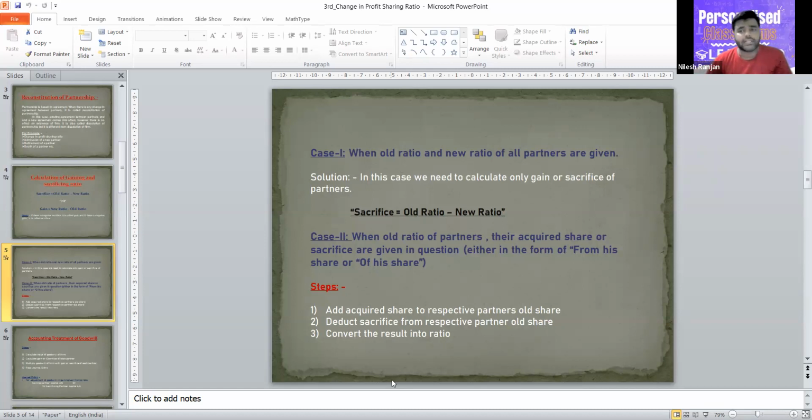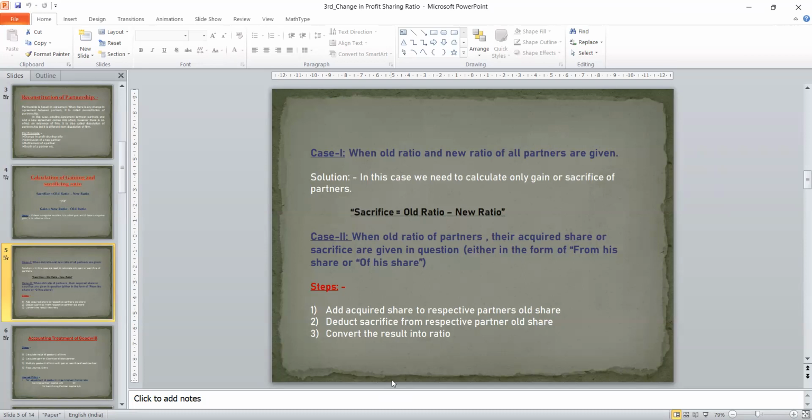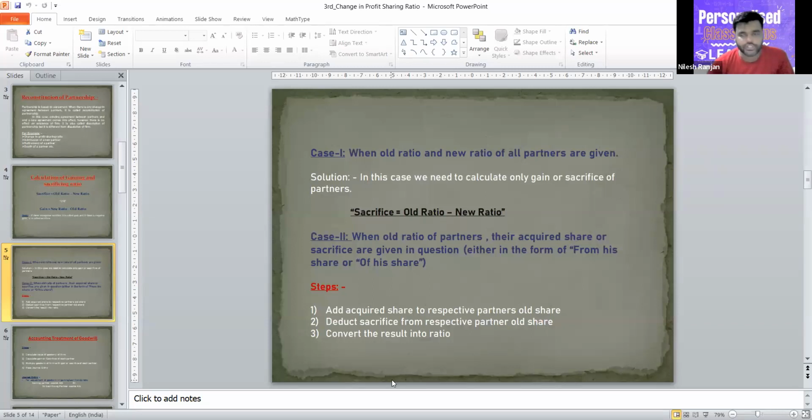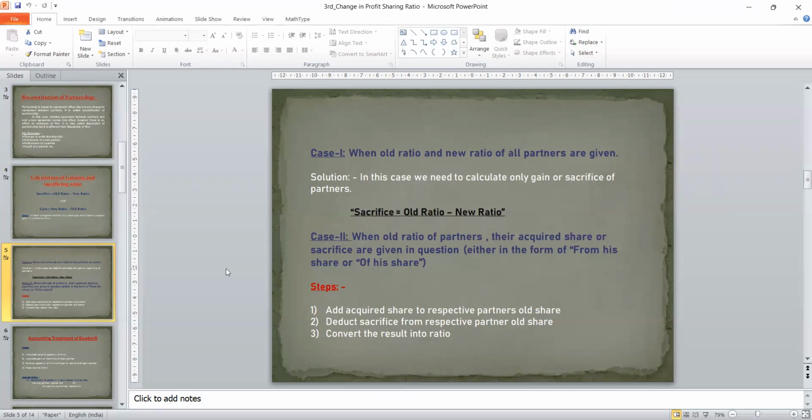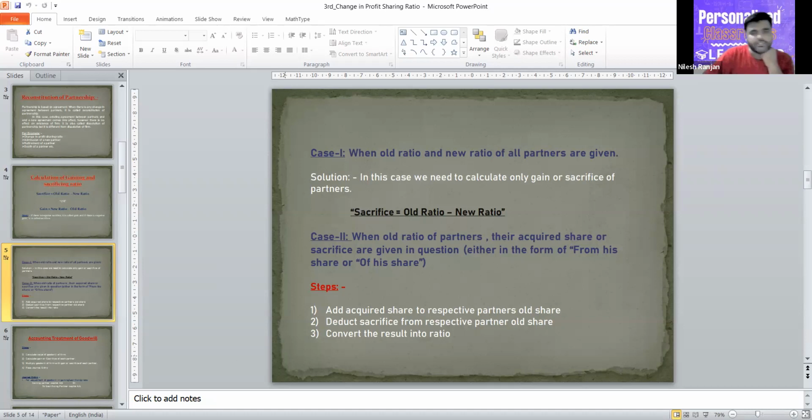I told you that for the gaining partner, we add the acquired share to his share, and for the partner who is sacrificing, we deduct the sacrifice from his old share, then convert the result into a ratio. Whether to use the from his share or of his share method, you have to see in the question, it will be given there.